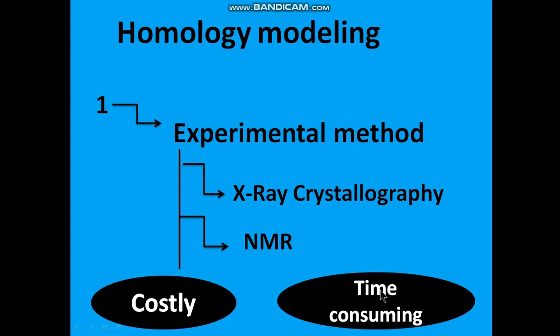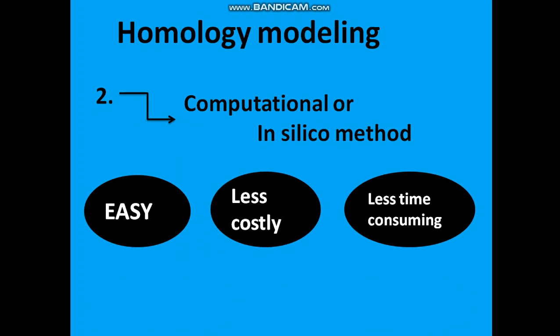So what can I do? Yes, we have another method, that is the computational or in silico method. Obviously that is so easy, not time consuming and less costly. Of course we will select this method because it has so many advantages.